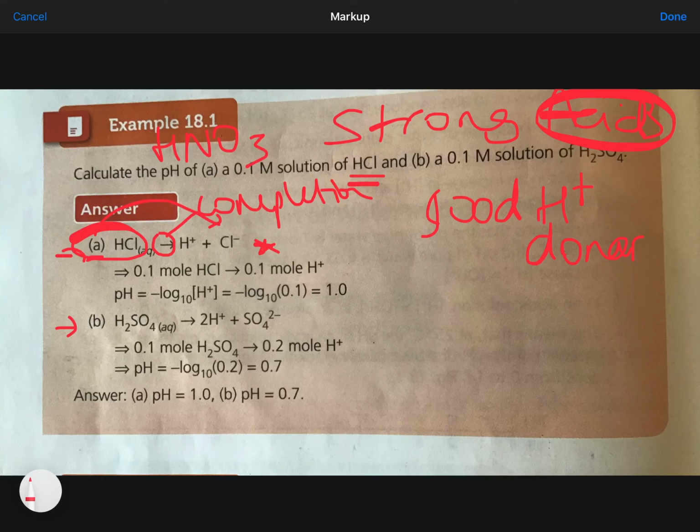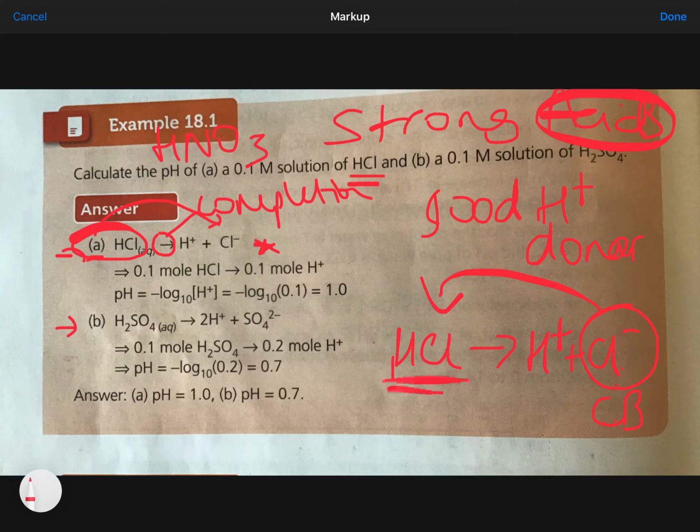So in chapter 12 as well, they would have asked you about the strength of conjugate bases. Do you remember? So this is a strong acid here, HCl, okay? So the HCl dissociates completely and gives you H plus and Cl minus. This is the conjugate base. What would you say about this Cl minus? Does this have much of a tendency to act as a base, accept a proton, and go back over to the HCl? No, it doesn't.